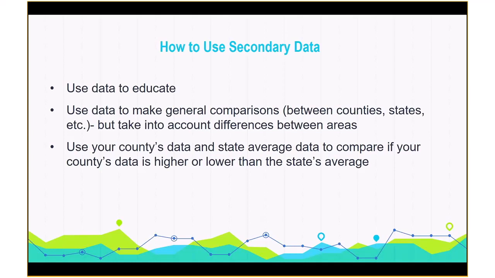Data can potentially be used to make general comparisons between counties or states, but it's important to know that this is only the case if the exact same data is available from the same source for the areas you are looking to compare, and that you are sure to take into account that counties and states vary differently in their composition and their resources. You need to ensure that you're careful in how you present and/or word any comparison data.